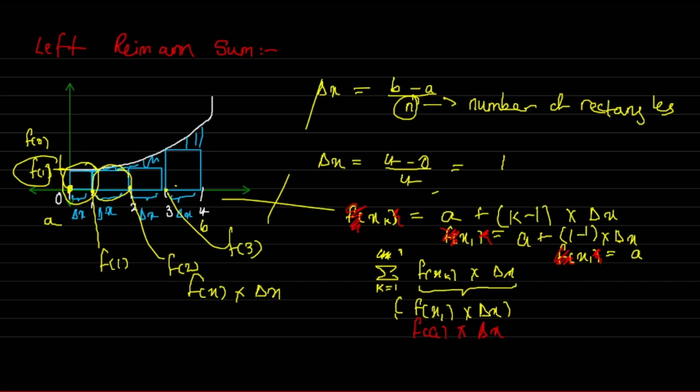Okay, so we're going to solve this first without using the sum formulas, because that can get confusing. If I want to find the area of these four rectangles, I will obviously add all of them.